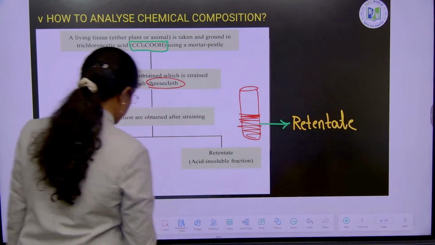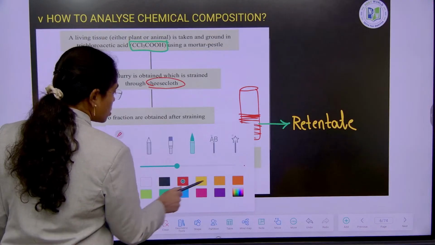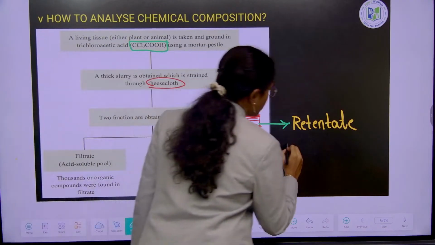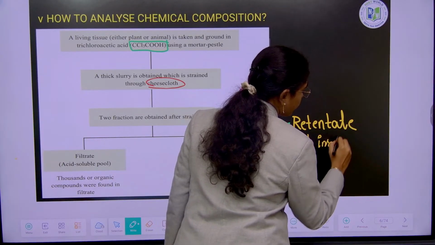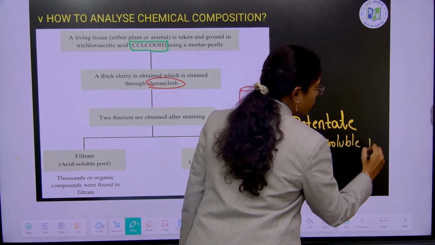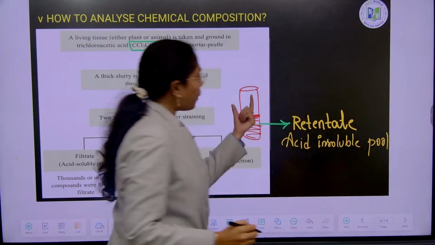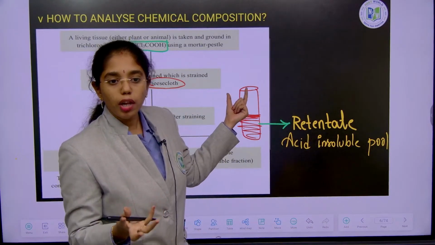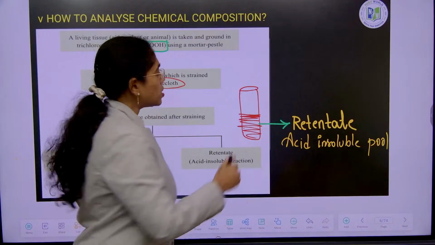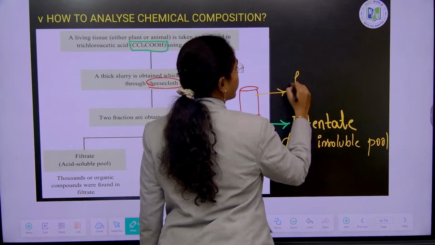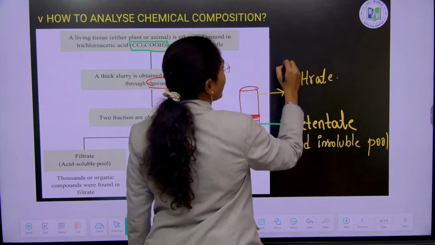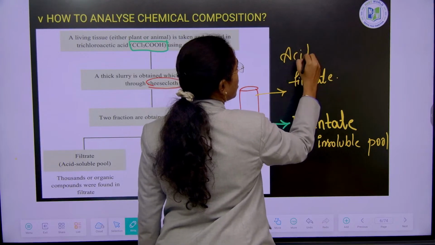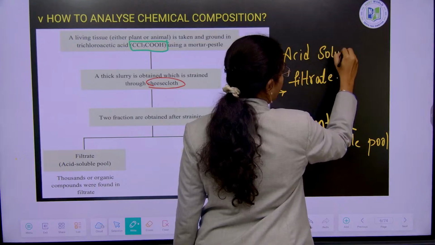Retentate is also known as the acid insoluble pool. And the upper part, where only lighter molecules will fall, is addressed as what? Filtrate, which is known as the acid soluble pool.